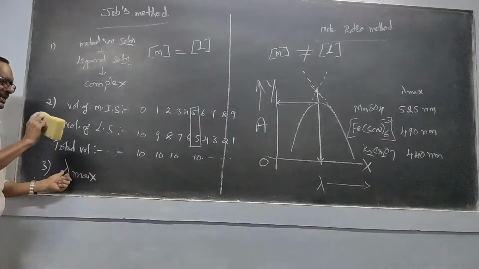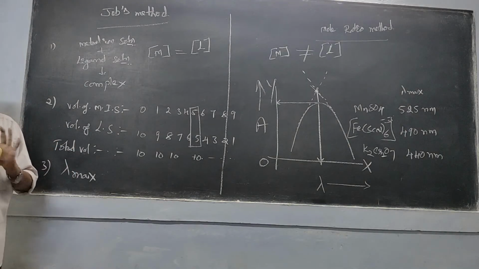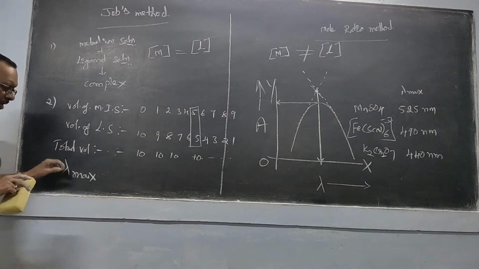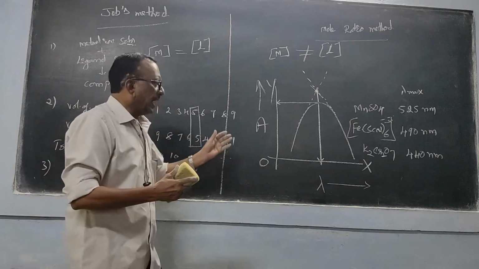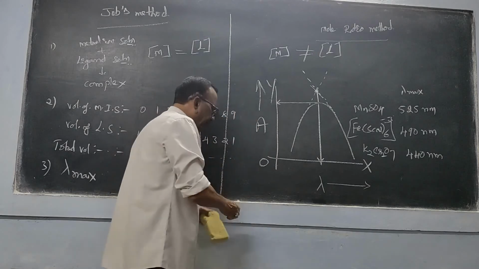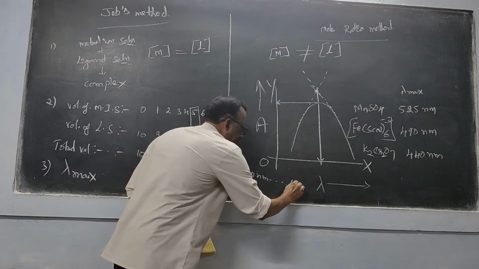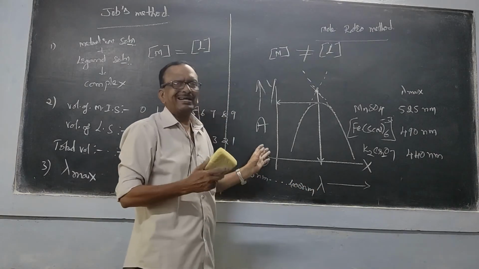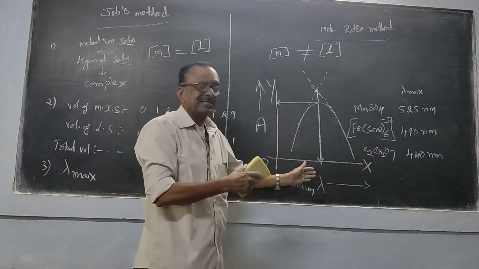So in the third point, what we did here is, first we have to find out at what wavelength that particular solution has maximum absorbance. That is called the lambda maximum. For finding this lambda maximum, we use a spectrophotometer, changing the wavelengths from 800 nanometers to 400 nanometers, and plot a graph between absorbance versus wavelength.